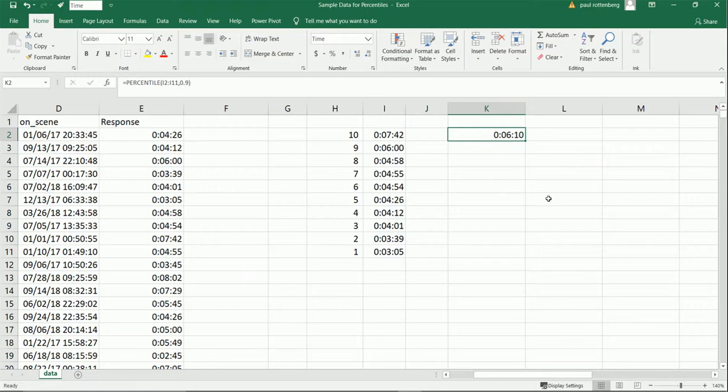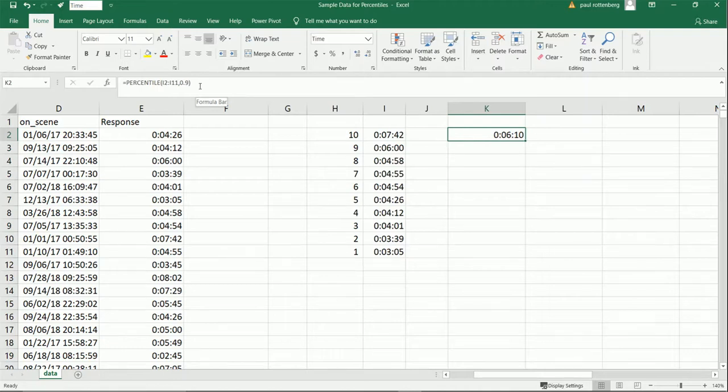Excel says the 90th percentile, so I said equal sign percentile, and I used that data range, and then I used 0.9 for the 90th percentile in the syntax here. We'll go into the syntax a little bit later in this video, but Excel's giving me an answer, 6 minutes and 10 seconds. 6 minutes and 10 seconds isn't even in this data set. So why is Excel telling me this? Is it broken? No, it's not broken. It's using a different way of calculating.